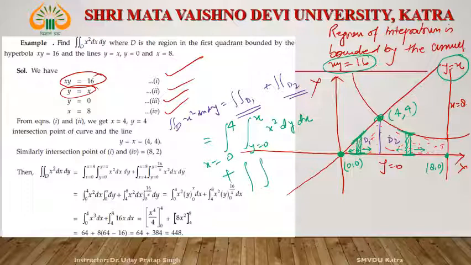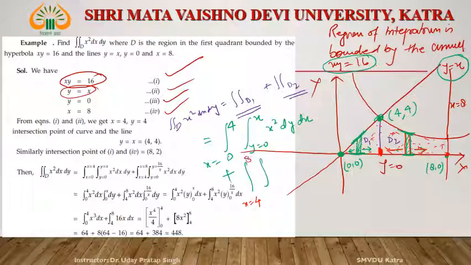Now come to the second integral. Consider this strip in region D2. The lower limit is x equal to 4, and the upper limit is x equal to 8.